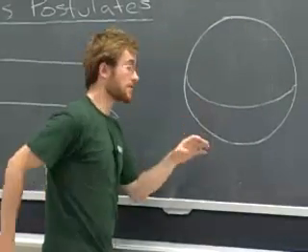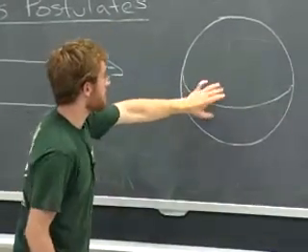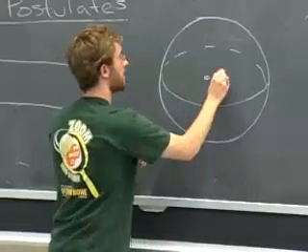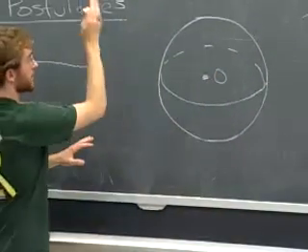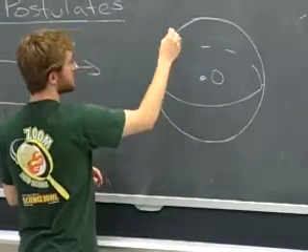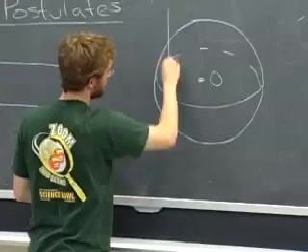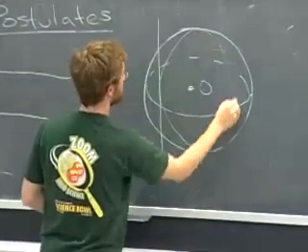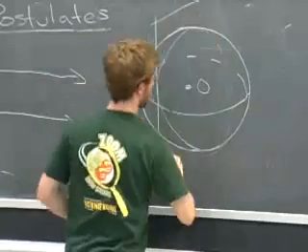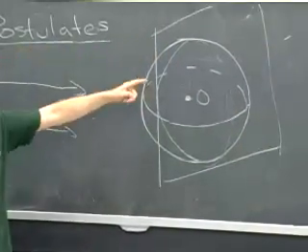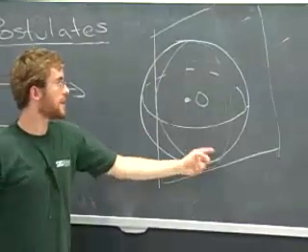So the way you make a great circle is you take your sphere with your center O, and you cut through it. And you make a plane slice that goes through the origin. And you define a line to be this great circle which is formed.